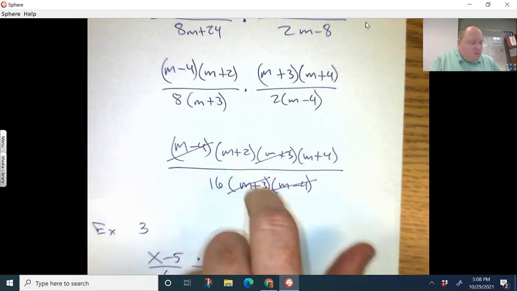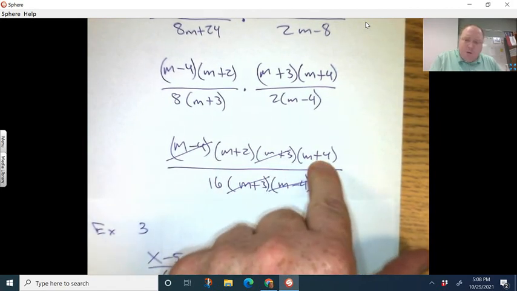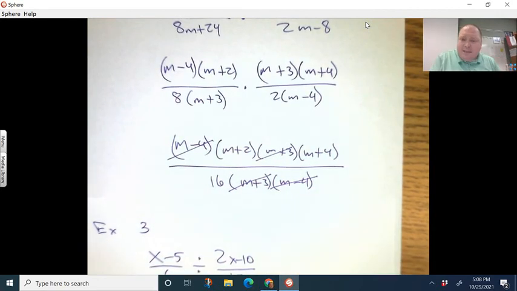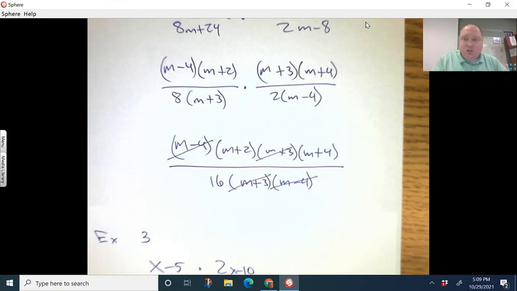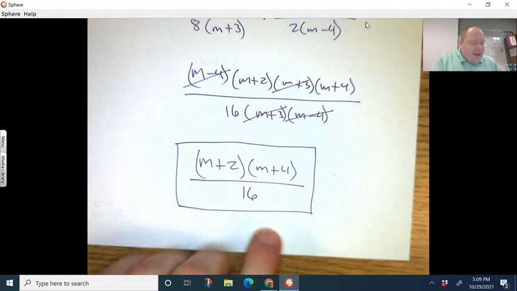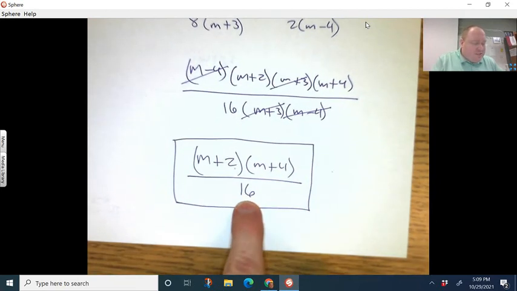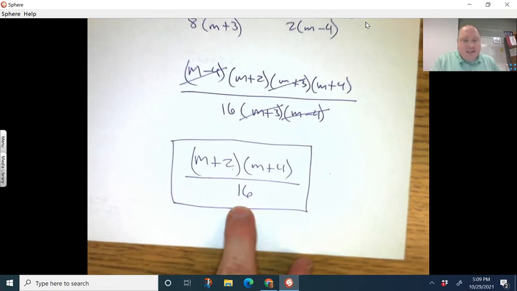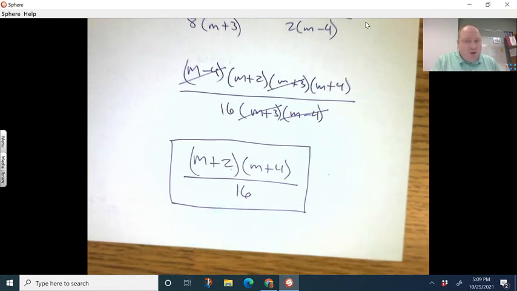And I'm left with m plus 2 and m plus 4 on the top. I cannot combine these in any way. If I wanted to multiply them out, I could, but I'm choosing not to. Also, I cannot reduce this 4 with this 16 because this 4 is in a group, this 16 is not. You can only cancel groups.